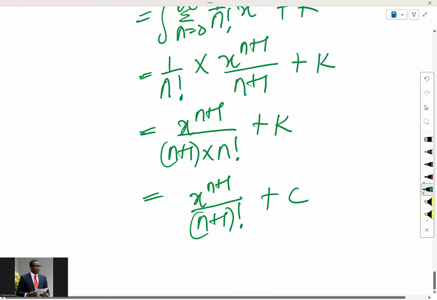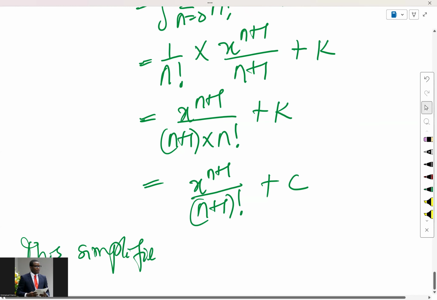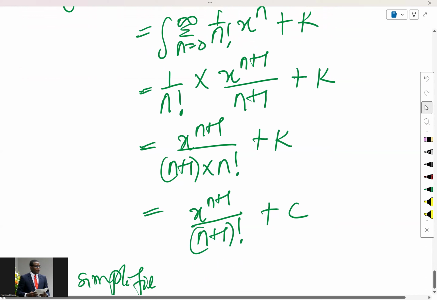And with this, we are back with the exponential function. Sorry, I forgot something. This is n factorial, so n plus 1 multiplies that. So we have n plus 1 factorial.